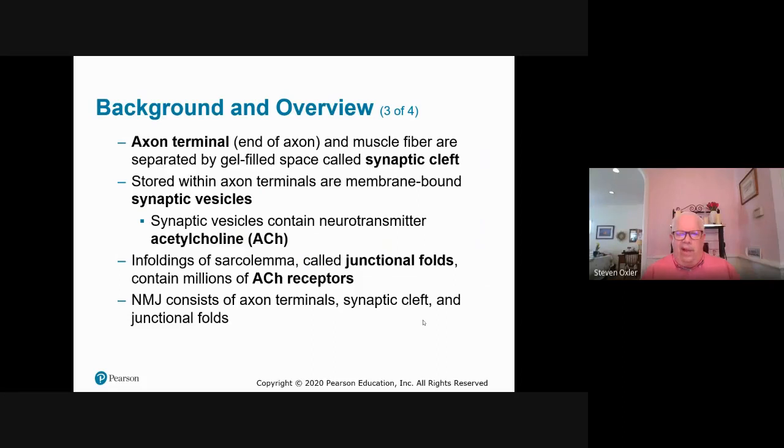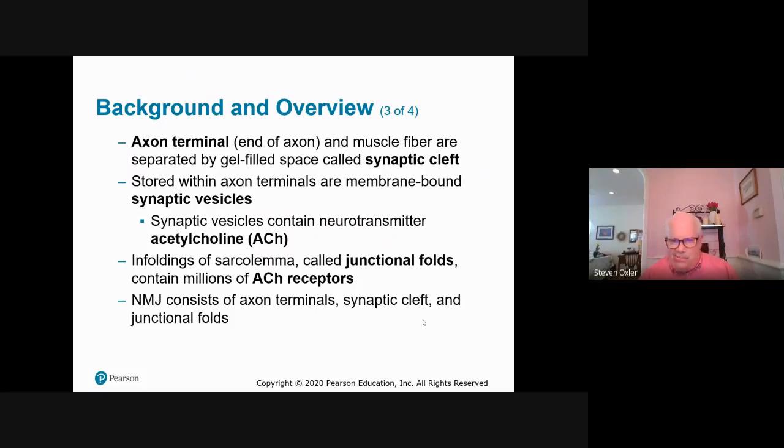When the end of the axon terminal and the muscle fiber meet, they are separated by a gel-filled space called the synaptic cleft. Inside the axon terminals, there are bags of neurotransmitter. These are called synaptic vesicles.